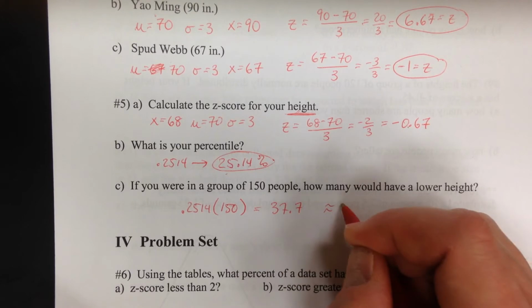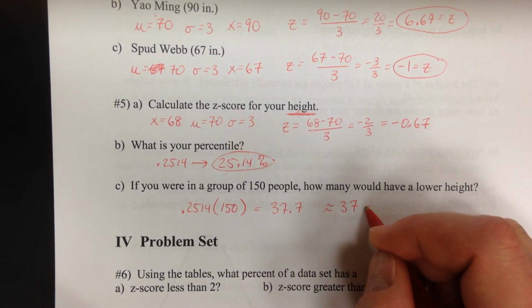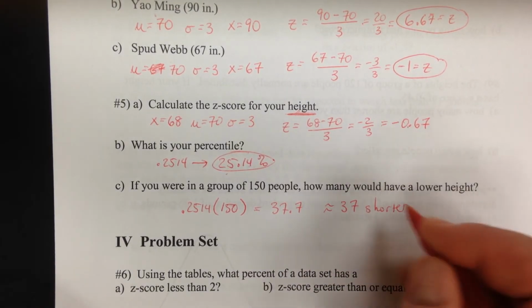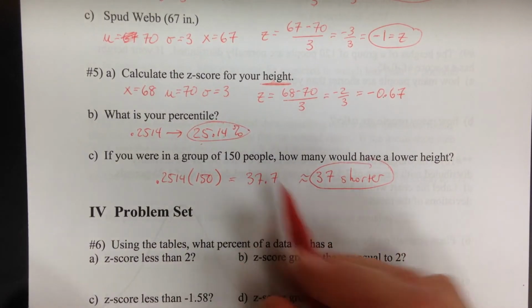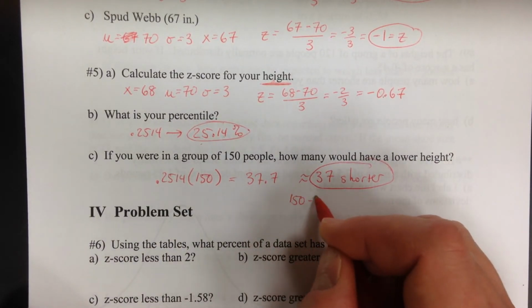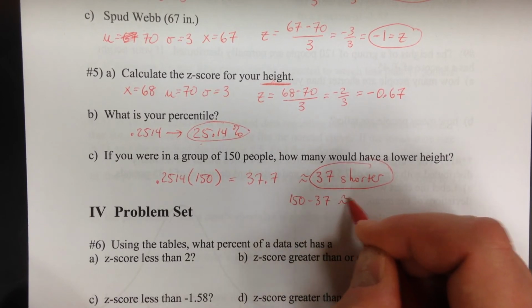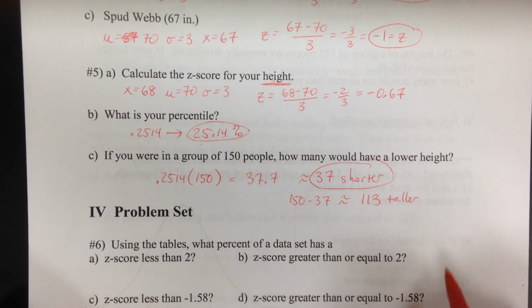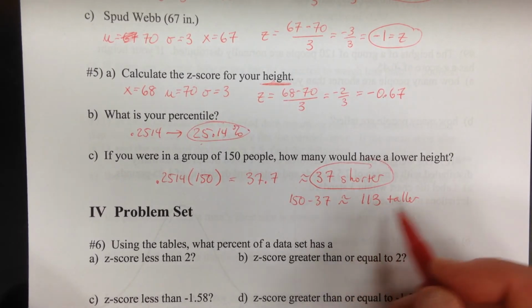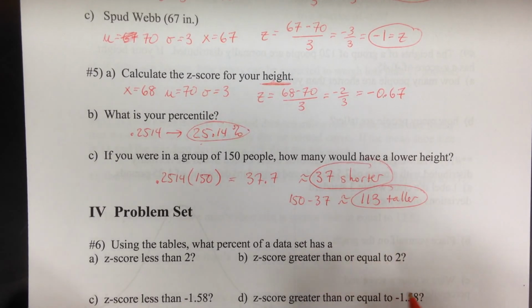So approximately 37 people would be shorter than you. And out of 150, how many would be taller? It would be about 113. So you can do it for shorter, or you can also figure it out for taller. And that is the end of the notes.